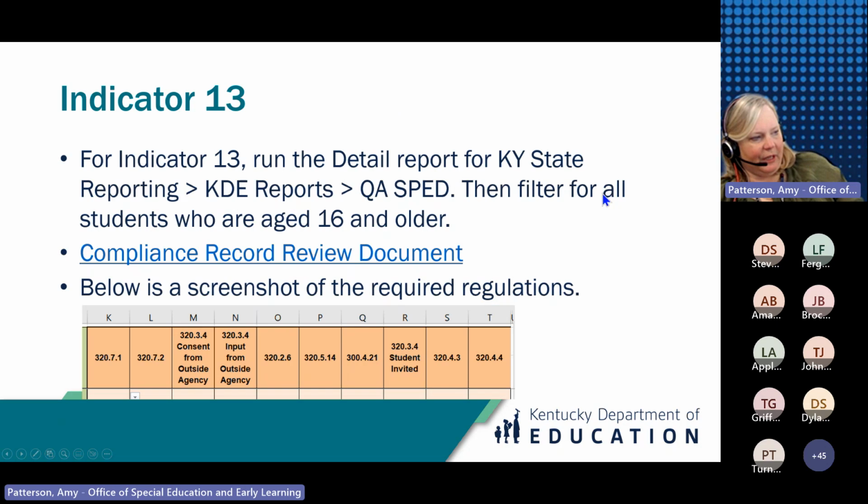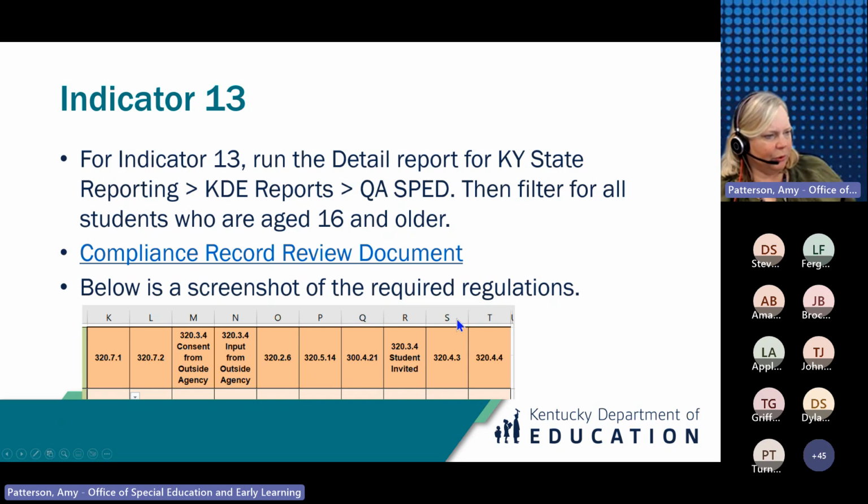Okay, indicator 13. This one is a little bit different because the compliance record review document changed. So here's the link to the compliance record review. This is only for students ages 16 or older.